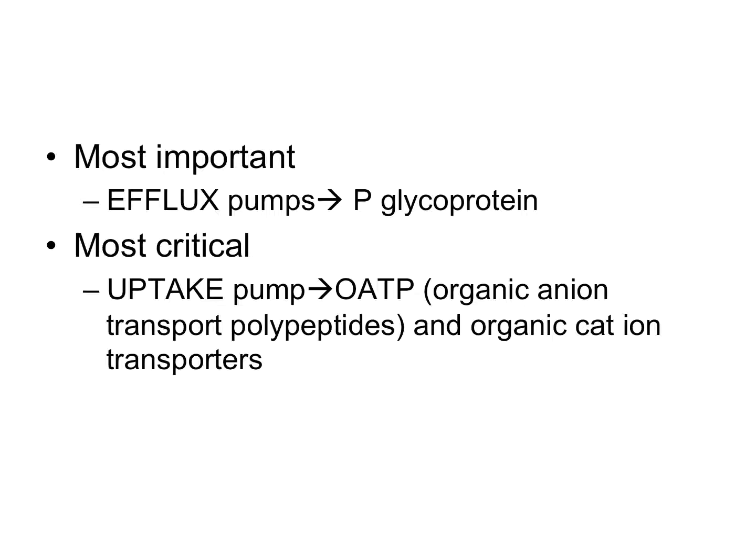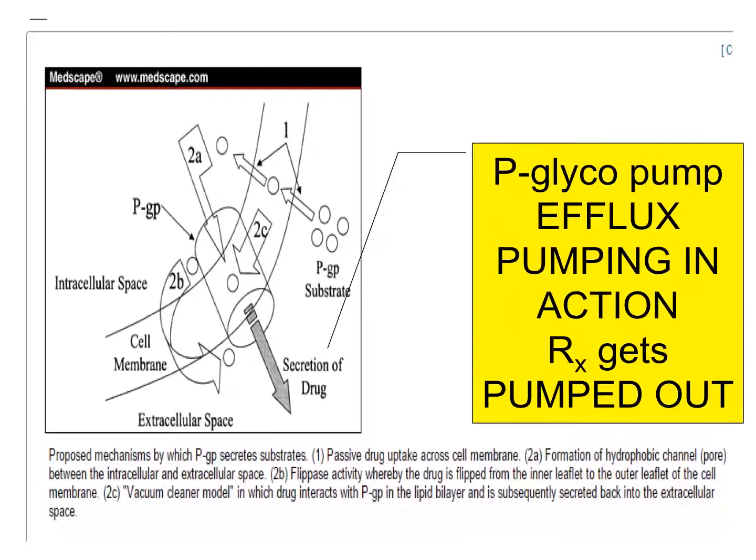Then you have your uptake pumps, the organic anion transport polypeptides, and cations too. These are the ones that are going to either put the drug in or take it out, and very important, if the herb affects these particular systems, that's going to be critical. And that's a picture of what's actually going on as these glycopumps efflux things.